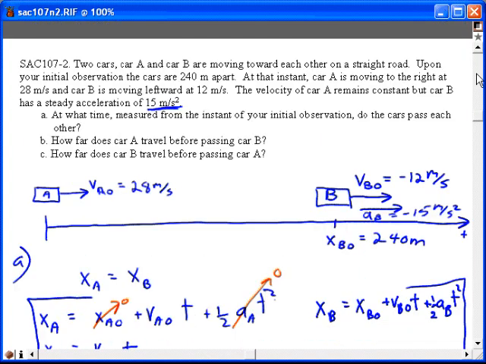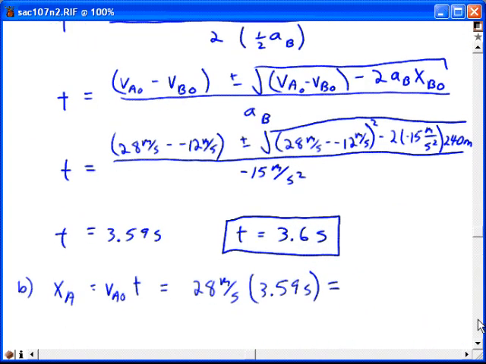I think I've got an incorrect value of time when I did it before, so I'll get my trusty calculator out here and evaluate that expression that we just wrote down. 28 times 3.59 equals, I do get 100.5 actually.